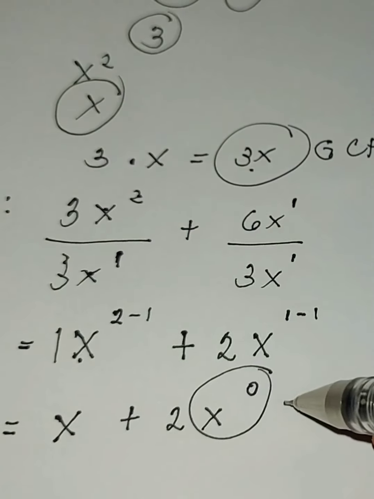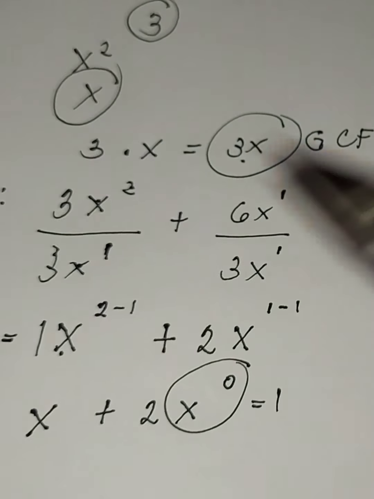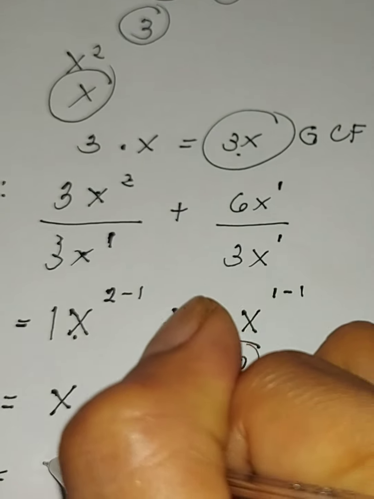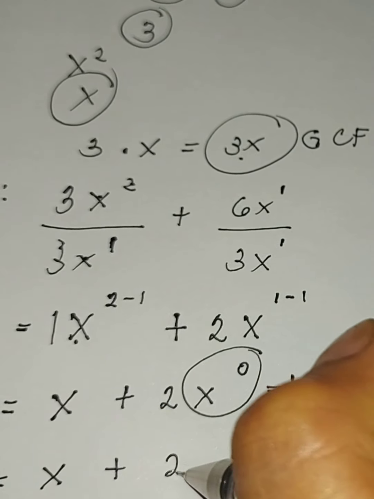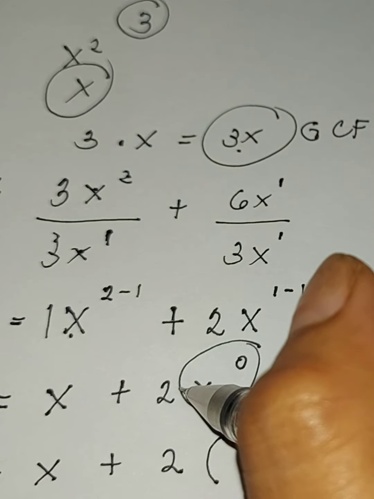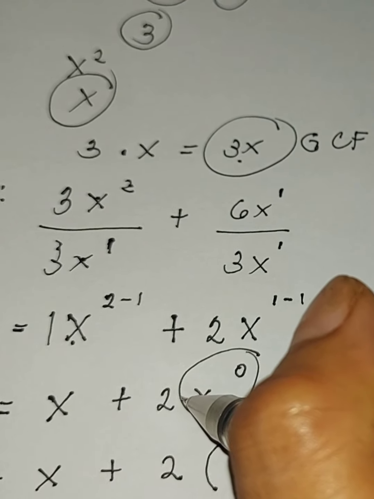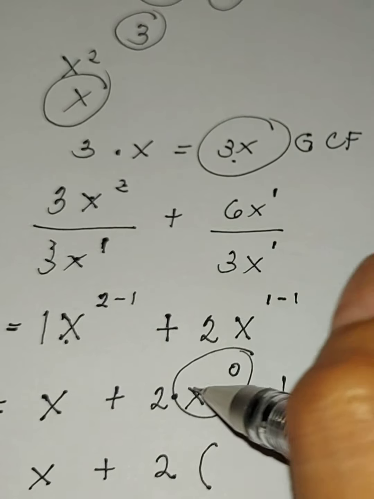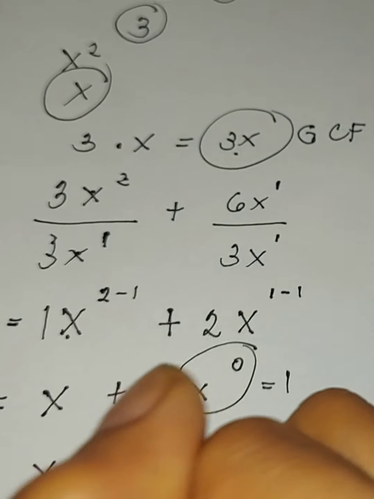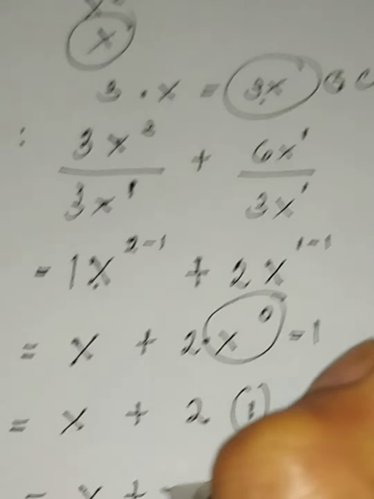So this one is just equal to 1. So the final answer would be x plus 2 times 1, because if there is no operation between these two expressions, that is understood to be times. So 1 is equal to x plus 2.